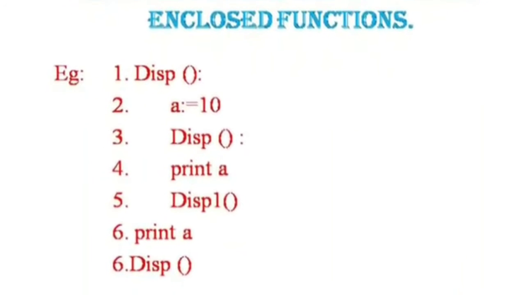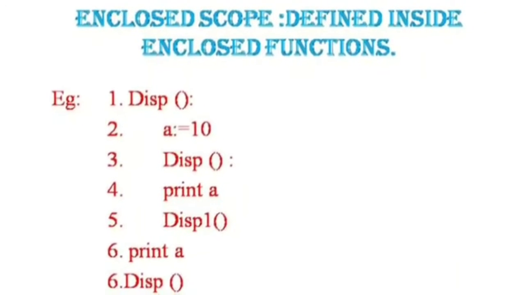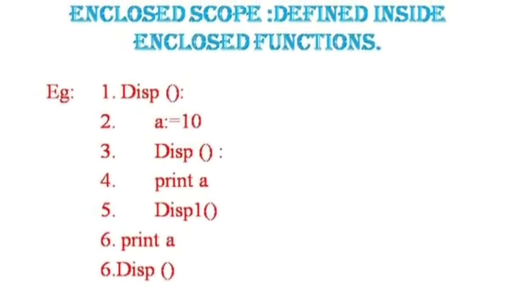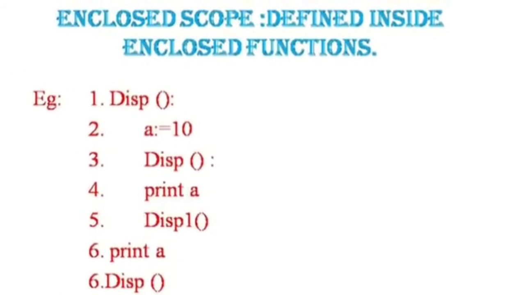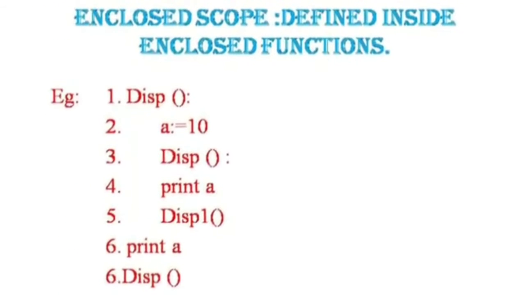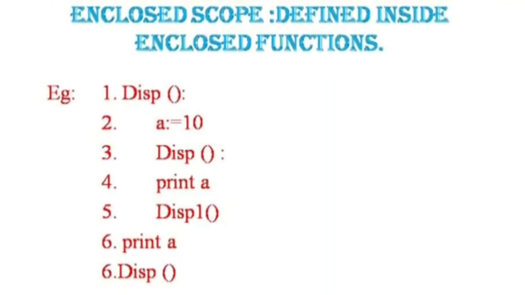Next one is enclosed function. Enclosed is nothing but a variable declared in a nested function. Nested is more than one function used in the same program. Now see this example. We have the disp function and the disp1 function which is nested inside that function. Now variable A is declared equal to 10.